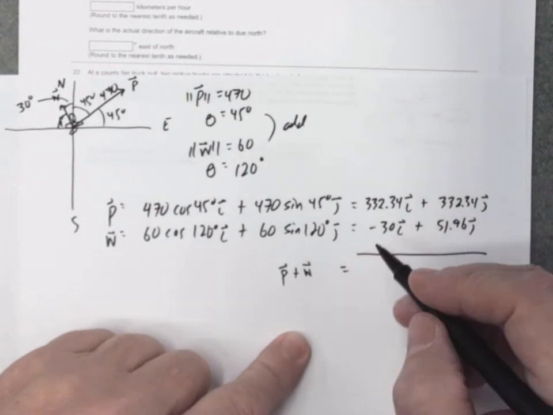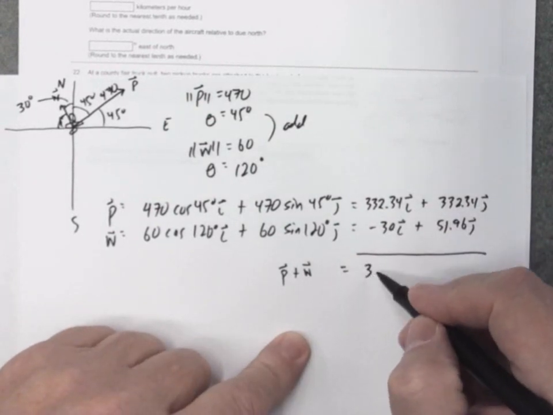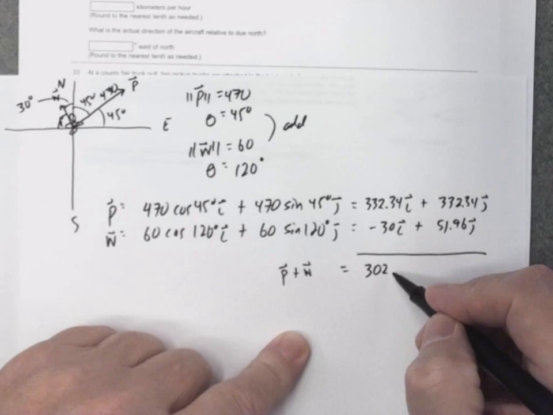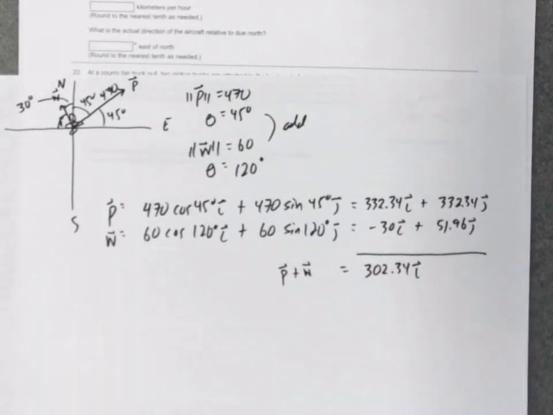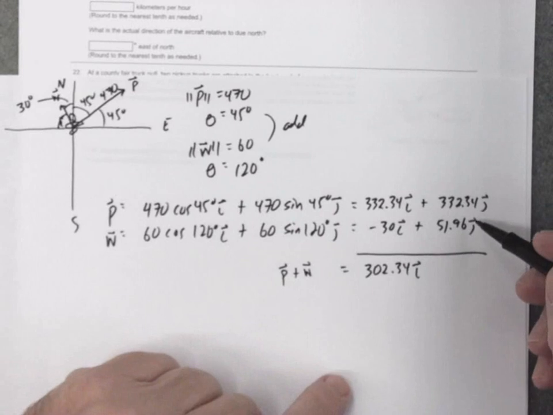In a sense, I'm subtracting, so it's probably dangerous to do it in my head, but I think 302.34. I don't want to mess up. Let me just do it. 332.34 minus 30. Yep.